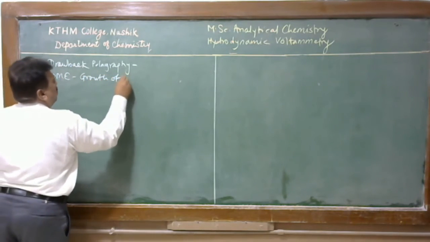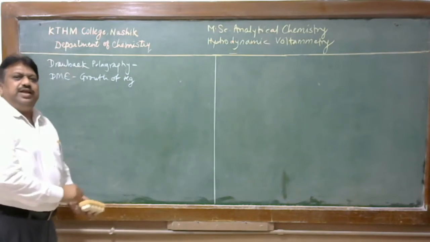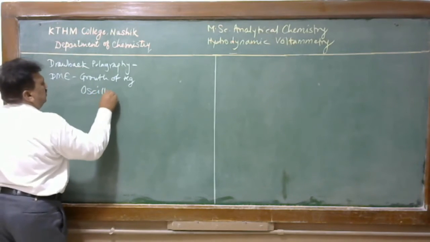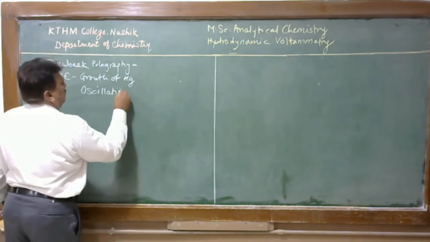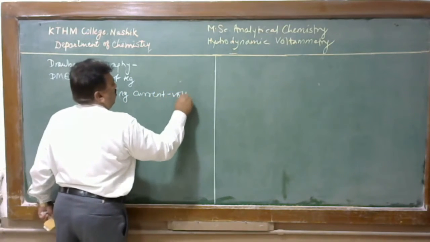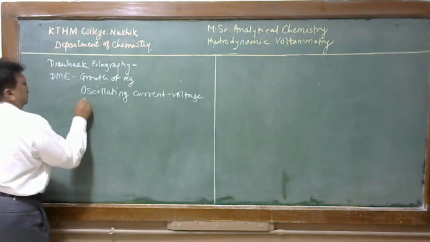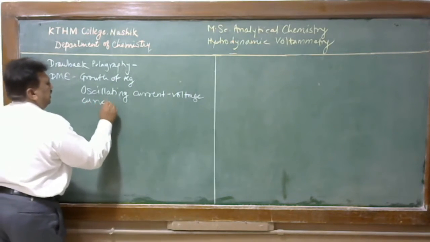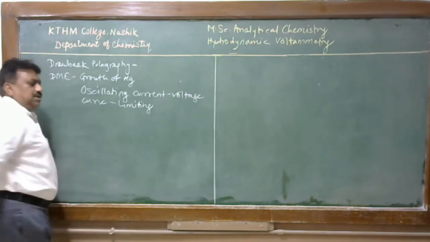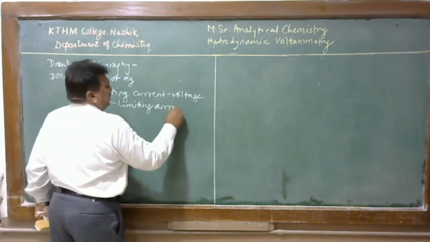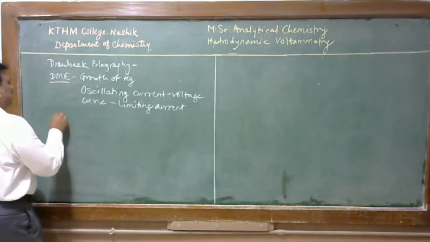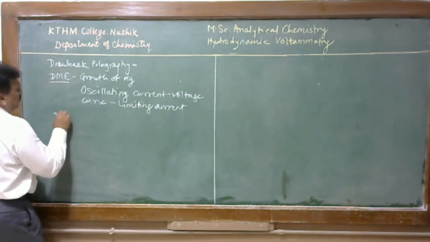Growth of mercury drop in dropping mercury electrode gives an oscillating current voltage curve. So it is difficult to determine the limiting current in polarographic analysis.